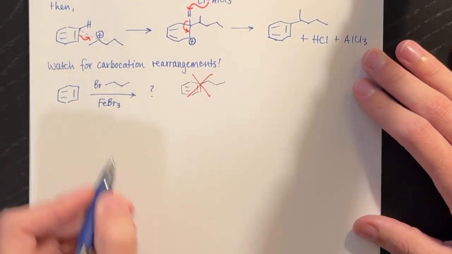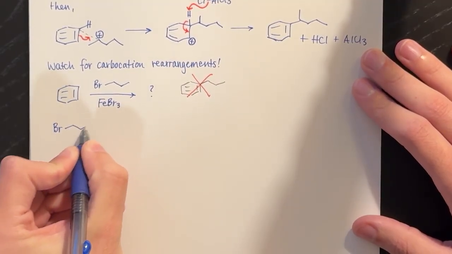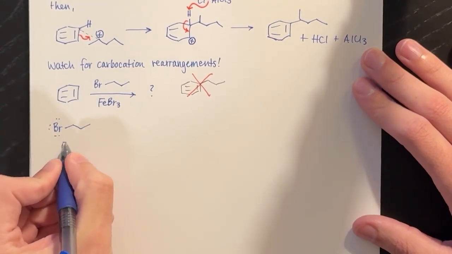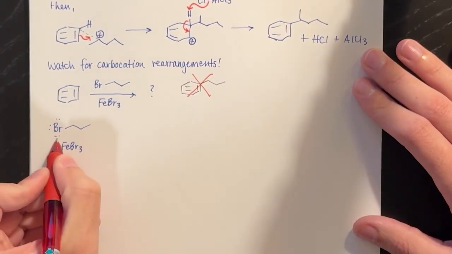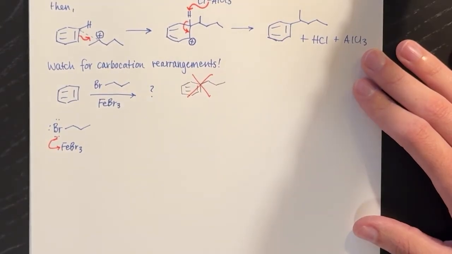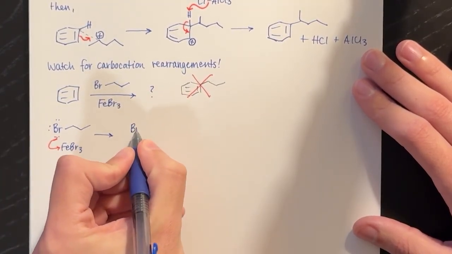Okay, so we'll start with our alkyl halide. So there's bromopropane, and we're going to generate a complex. There we go. With the iron 3 bromide.